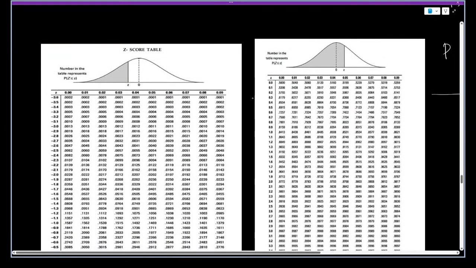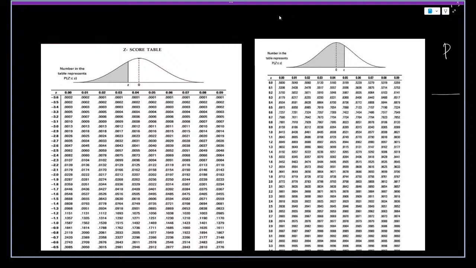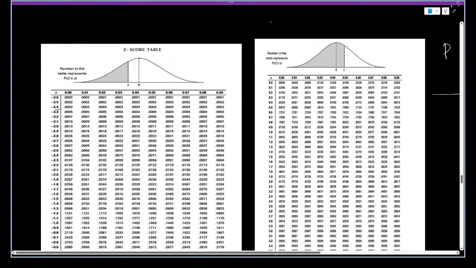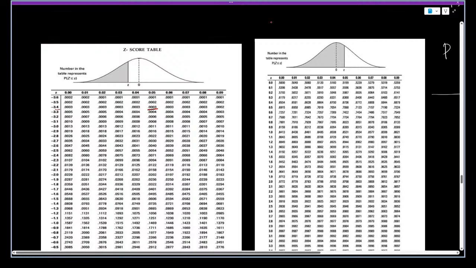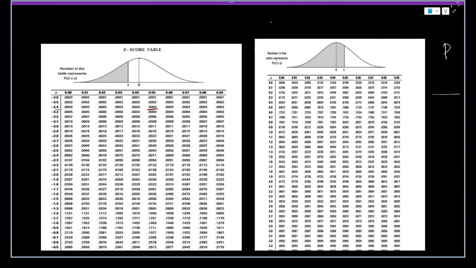Minus 3.45 in the table, where does minus 3.45 lie, that you have to take care. Minus 3.4 row, 3.45 is 0.0003. So the probability up to that, from minus infinity to minus 3.45, is going to be 0.0003.